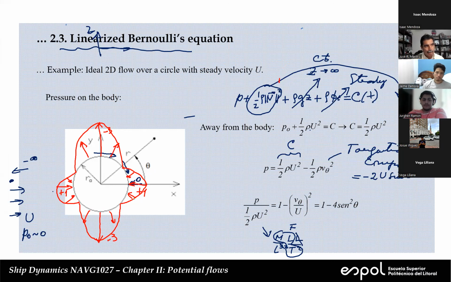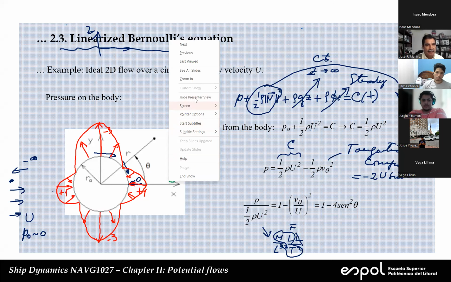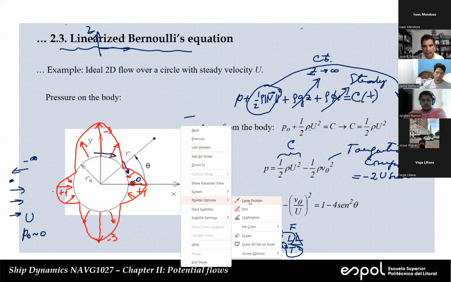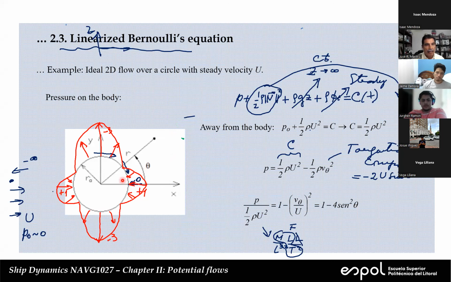I don't know. You see, people, you see that here you have this area, the pressure points to the left, right? And here, this points to the right. So this cancels that one. Here, this pulls up and this pulls down.